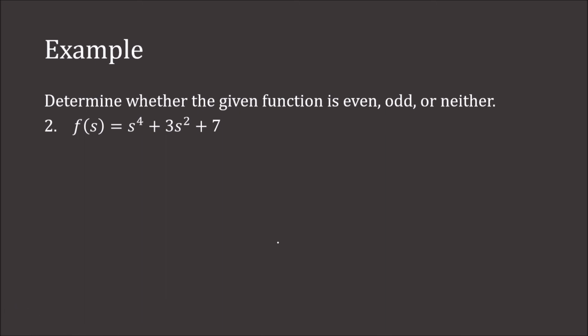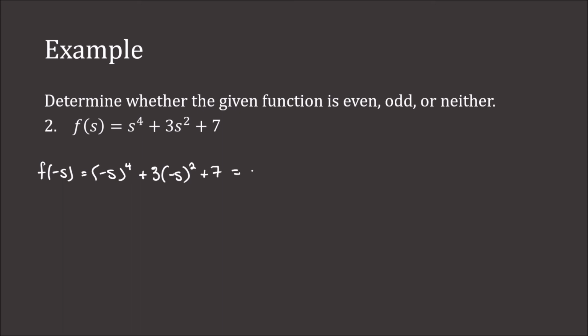If we now look at f of s is equal to s to the fourth plus 3s squared plus 7. Again, algebraically, we'll do f of negative s and see what we get. So negative s to the fourth power plus 3 times negative s to the second plus 7.